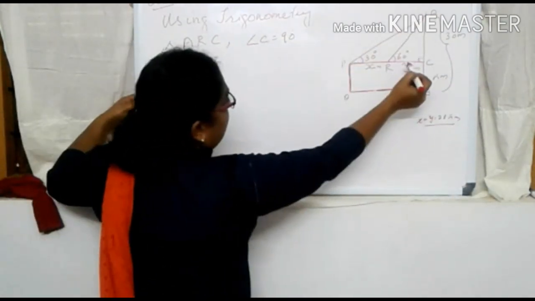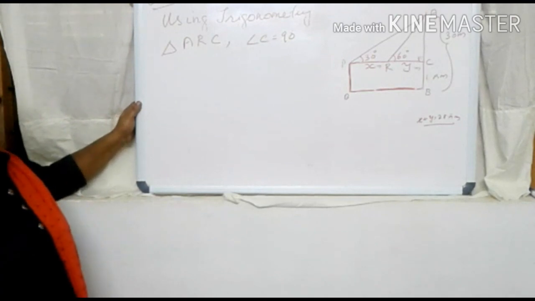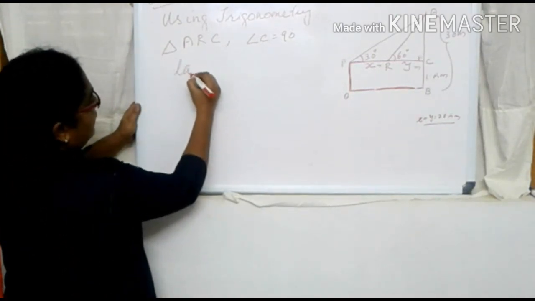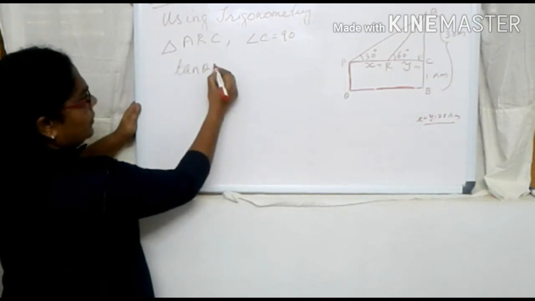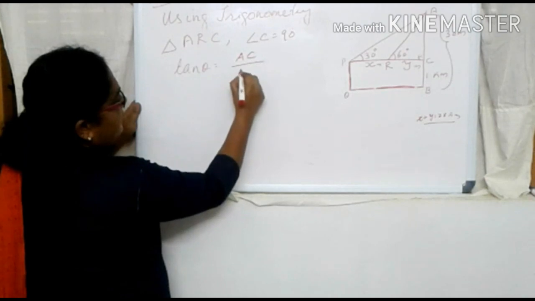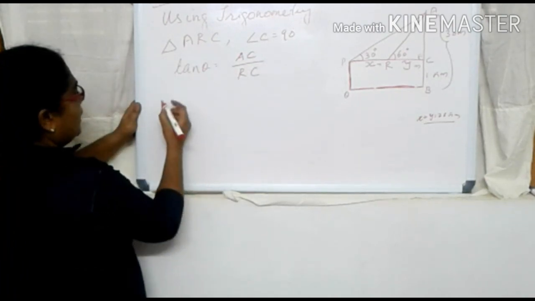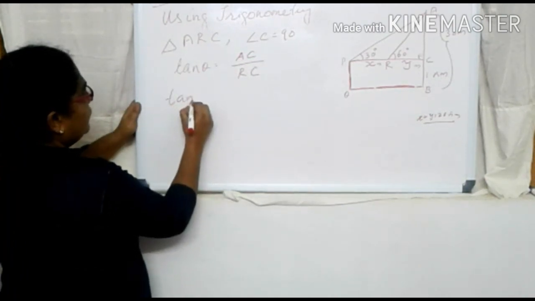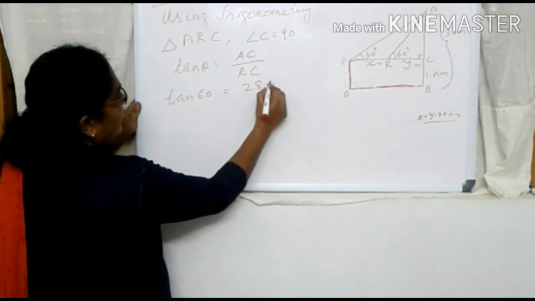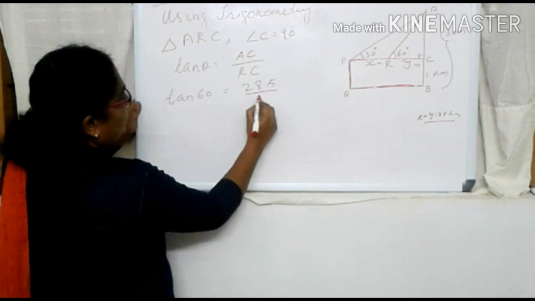This is the opposite side, this is the adjacent side. Which trigonometric ratio do we have to use? We have to use tan theta. Similarly to the previous step, tan theta equals AC by RC. What is theta? That is 60 degrees. Therefore tan 60 equals AC 28.5 by y.